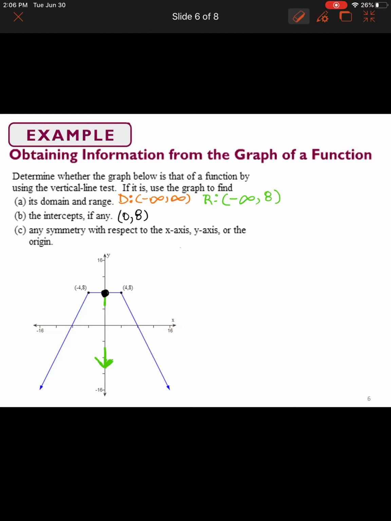It's counting by 4s. So those x-intercepts are negative 8, 0 and positive 8, 0. All right, so we have our intercepts.